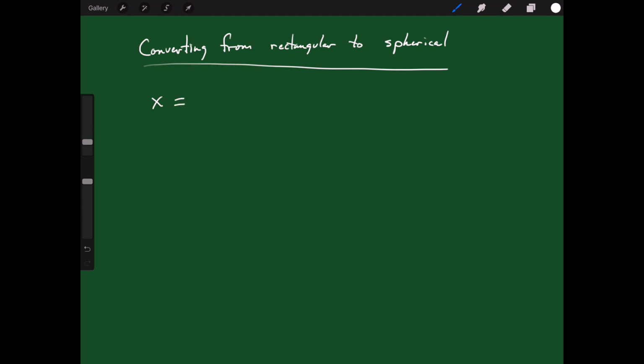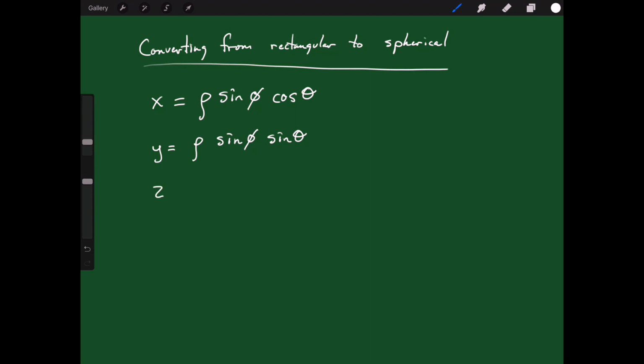That x is equal to rho sine phi cosine theta. That y is equal to rho sine phi sine theta.